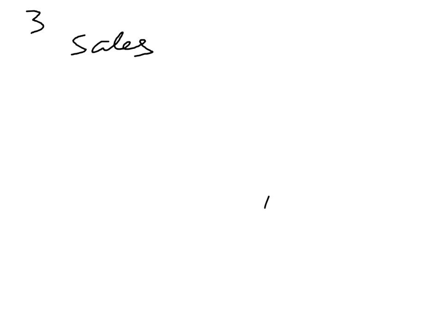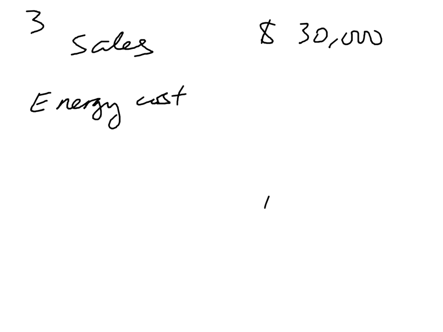So we start out with sales revenue, and that's given to us. It's $30,000, and then we have to calculate our expenses. We have energy costs. Remember that in a traditional income statement, it doesn't break down what you actually used.